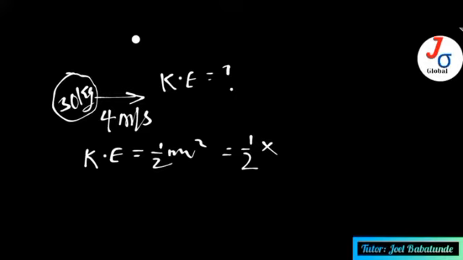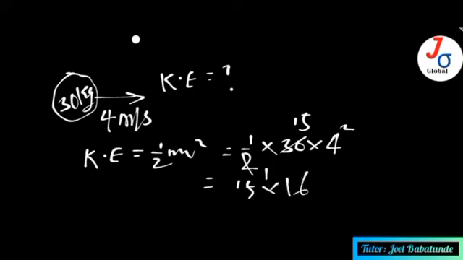Half multiplied by the mass, 30, multiplied by the speed squared, that's 4 squared. That gives us 15 multiplied by 16, and that gives us 240 joules. So kinetic energy in this case is 240 joules.